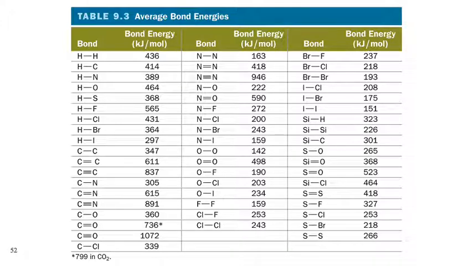Carbon dioxide, right? So we have to use that exception. That's the 799. What else did we have? Hydrogen-oxygen, that one is here, 464. Oxygen-oxygen double bond, we'll have to break some of those too. So let's see, 498. It's easier if you can have the problem and the table in front of you at the same time.